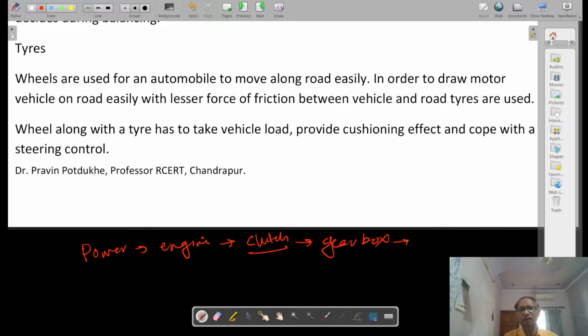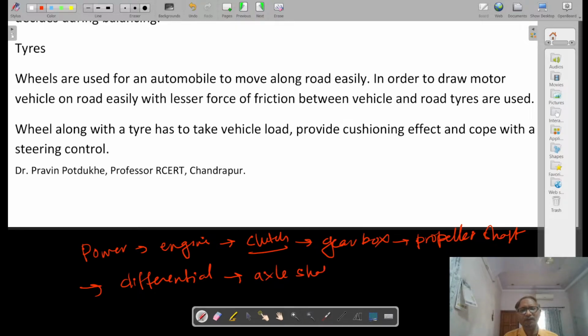From the gearbox you have a propeller shaft, and from the propeller shaft you transmit it to the differential, and from the differential there are split axle shafts which transfer the rotary motion to the wheels.